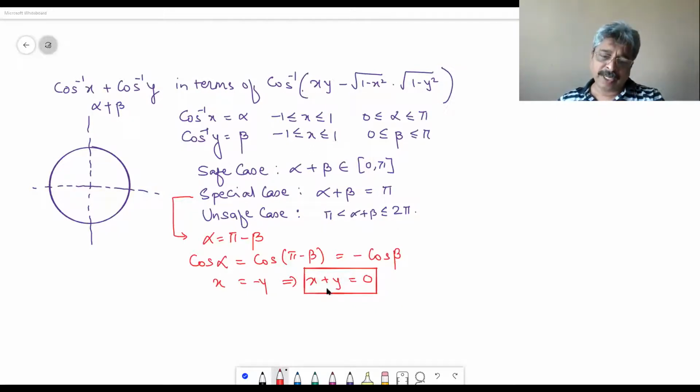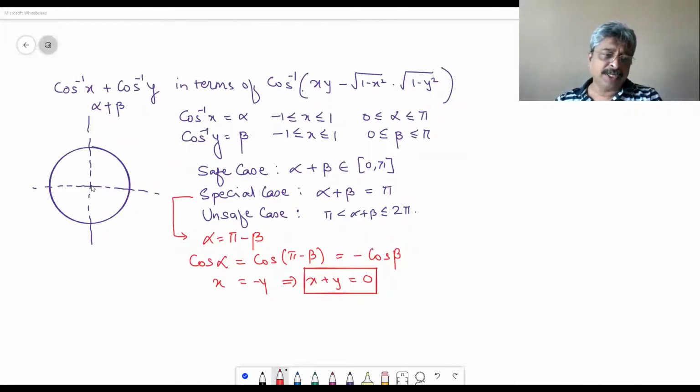Now we will have to check, if x plus y is greater than 0, do we end up having a safe case or an unsafe case, and if x plus y is less than 0, do we have a safe case or an unsafe case? And actually it is very simple. You just take some examples and check it out.